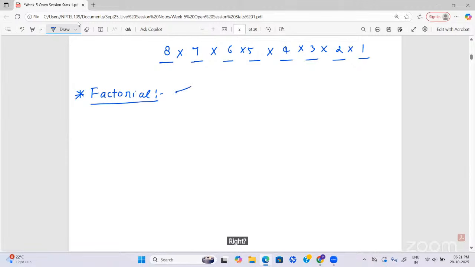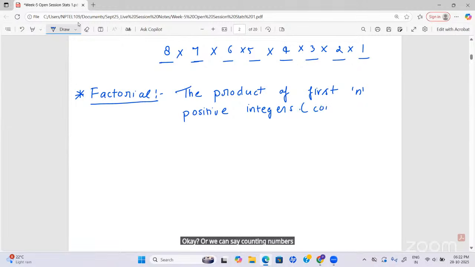Yes. So I can write that the product of first n positive integers, or we can say counting numbers, both are same.